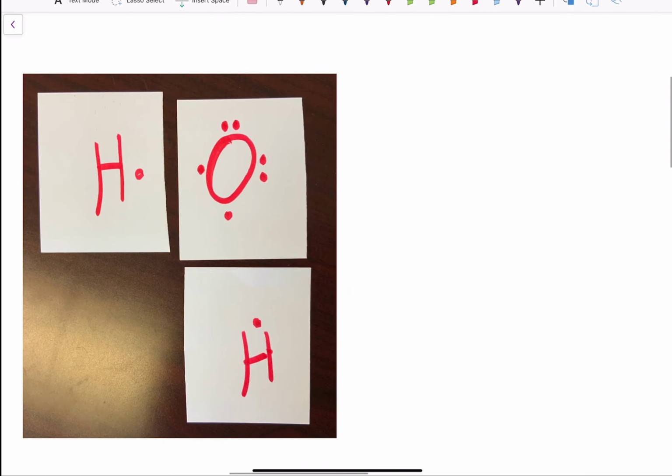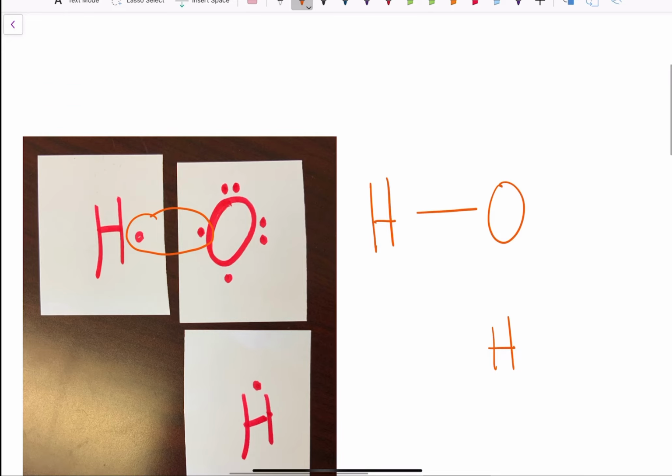If we were to draw this as a Lewis structure, we're going to keep the elements that we see, H. We have O over here and another H down here. These 2 electrons are going to form a bond, so we're going to replace it with a line. Be sure, after you draw a line, do not draw the dots. So this would be correct.